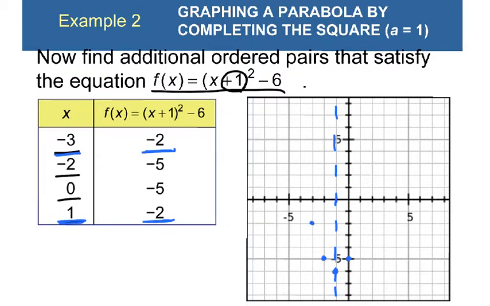See, across from the axis on the right side is going to be our mirror imaged point there. So we've got our points. Let's put them together. And there you have a decent looking graph of your quadratic function.